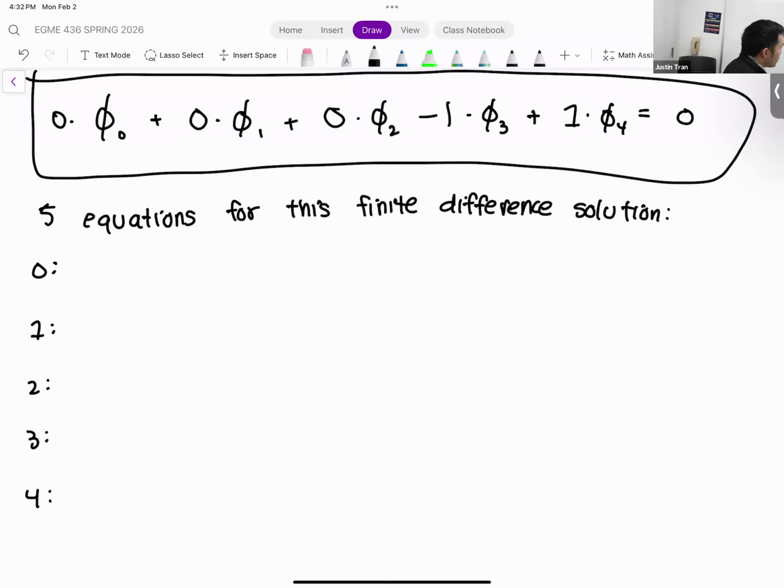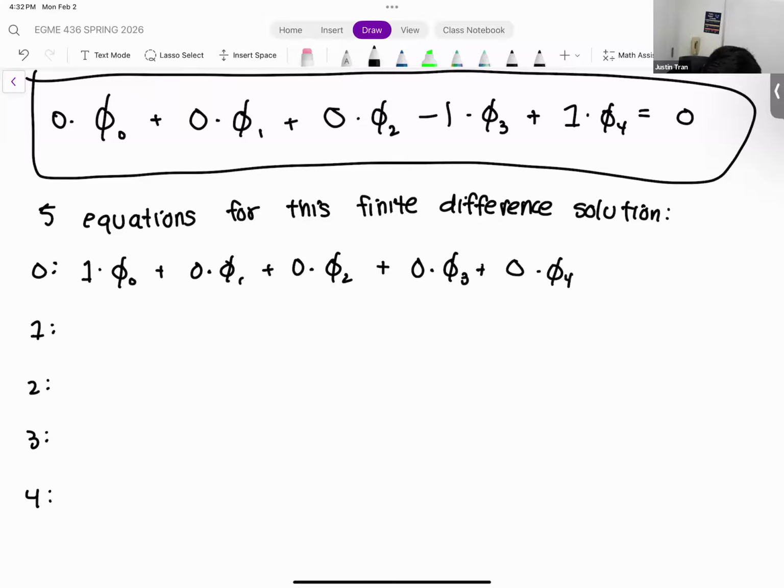Node 0, remember, was our Dirichlet boundary condition. So this was 1 times phi 0 plus 0 times phi 1 plus 0 times phi 2 plus 0 times phi 3 plus 0 times phi 4 is equal to 1.